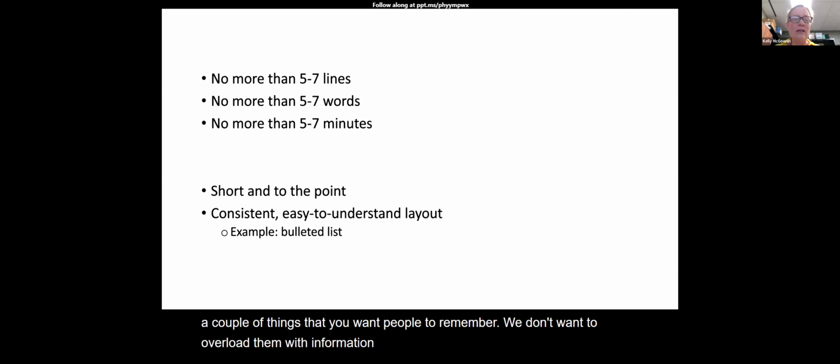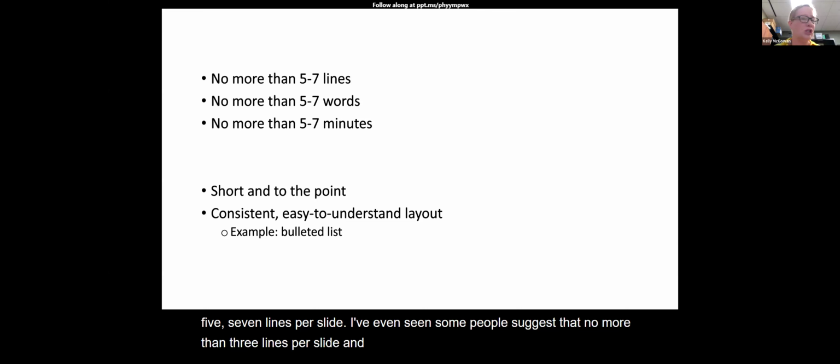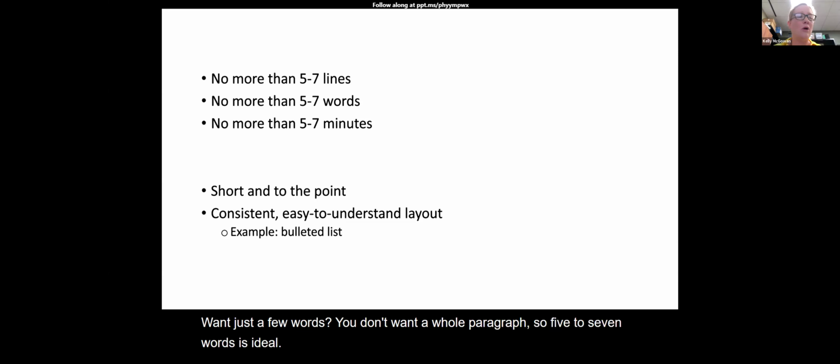And so we like to see no more than 5 to 7 lines per slide. I've even seen some people suggest no more than 3 lines per slide. And within those lines, you want just a few words. You don't want a whole paragraph. So 5 to 7 words is ideal. And then when you are doing the presentation, you want it to last no more than 5 to 7 minutes per slide.